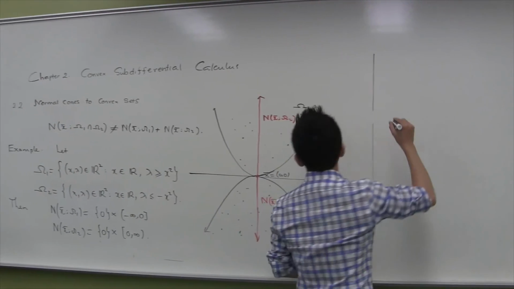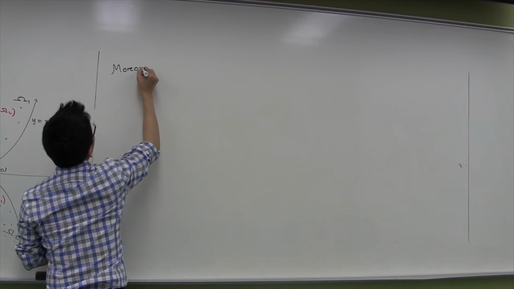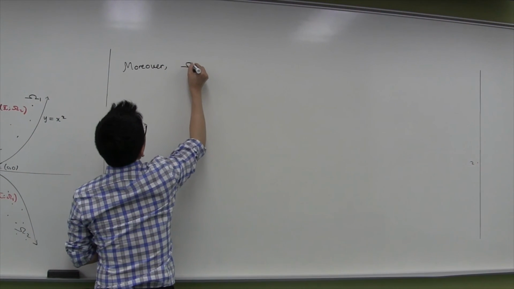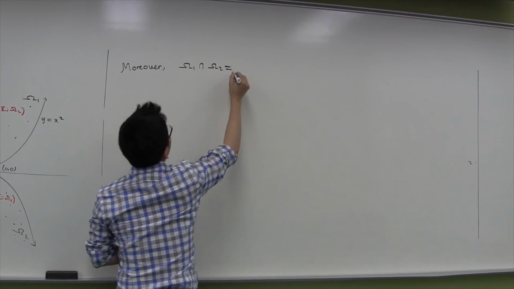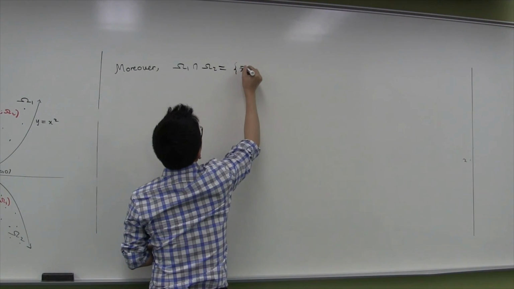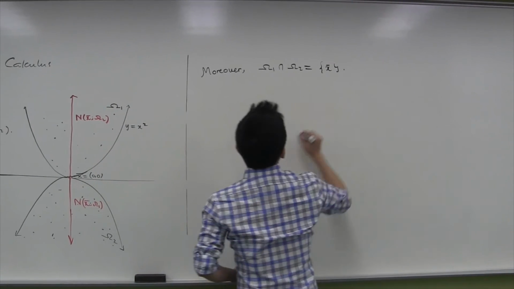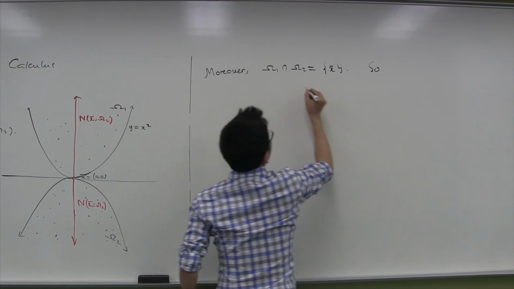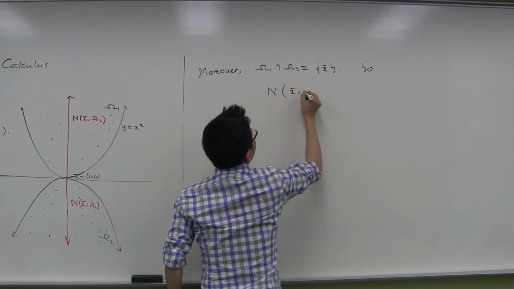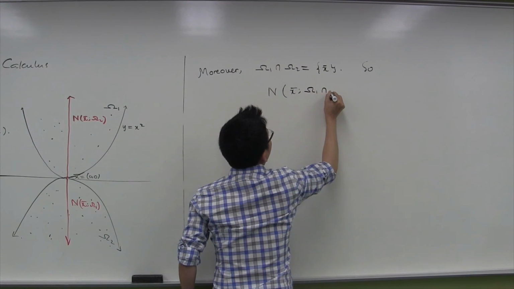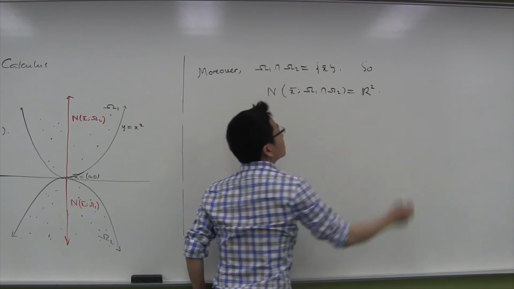Also, we see that, moreover, the intersection of omega 1 and omega 2 here is a singleton, that is x bar. So we easily see that the normal cone to the intersection of omega 1 and omega 2 at x bar is the whole space R2.